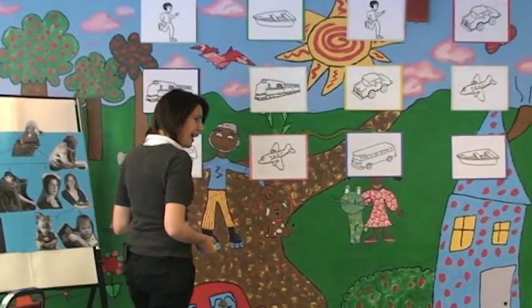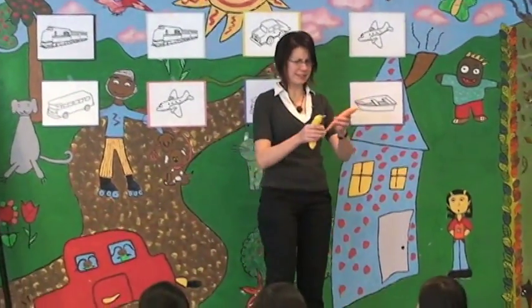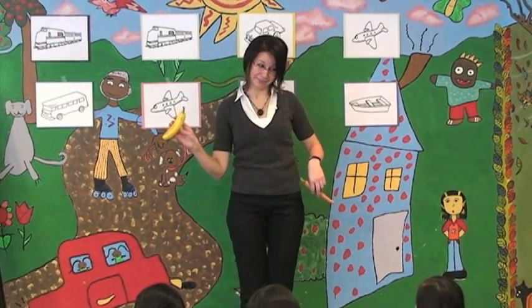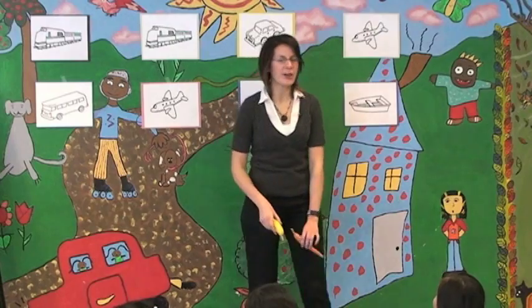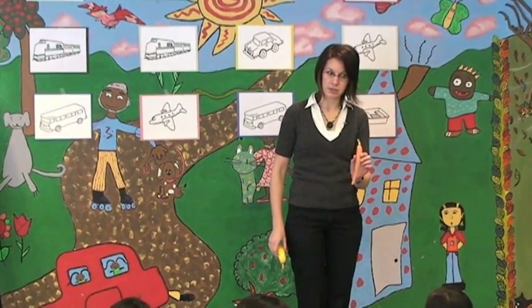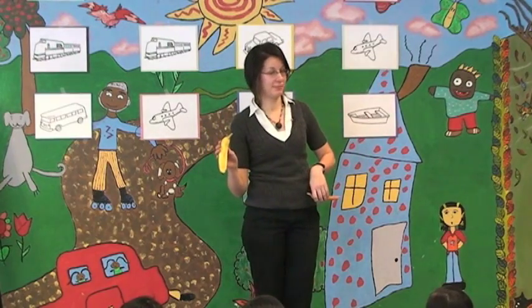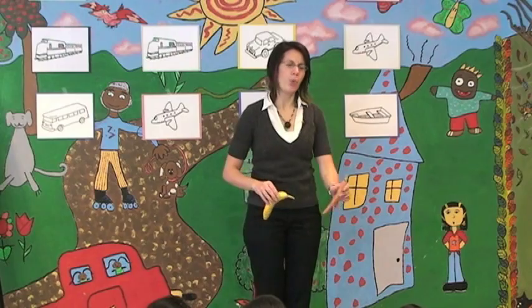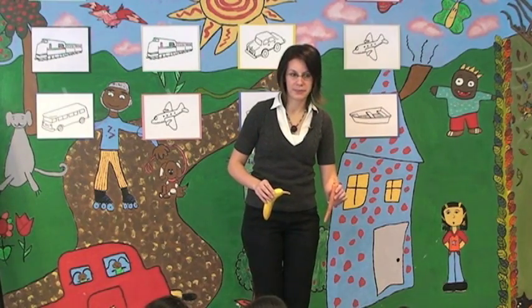Do you like carrots? Ooh. Or bananas? Okay. So I'm going to ask Plato, so do you like carrots? Yes? Do you like bananas? Yes. Oh. Okay. Which do you like more?